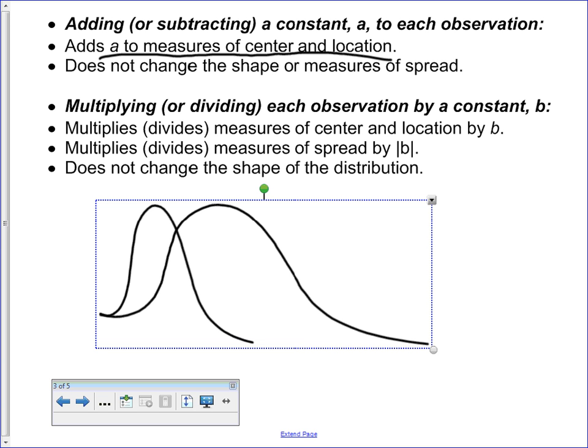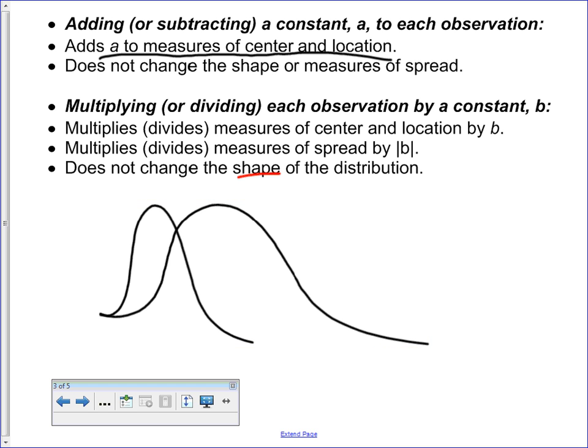It changes how spread out the distribution is, but it doesn't change what we refer to as the shape of the distribution. The first distribution was unimodal and ever so slightly right skewed, and the resultant distribution is still unimodal and still slightly right skewed. So how we would describe it is the same, but it does change the center and the spread.